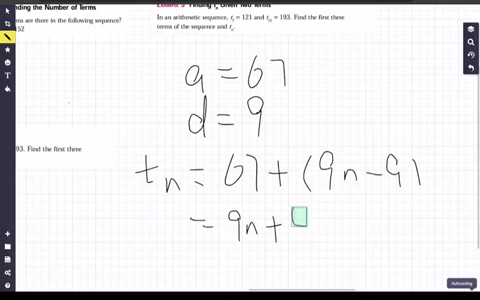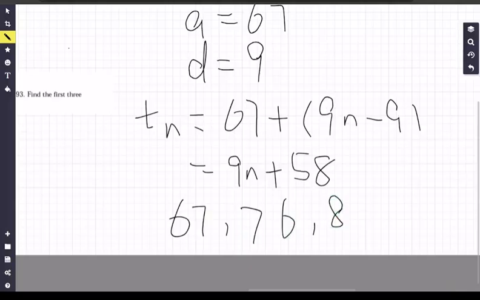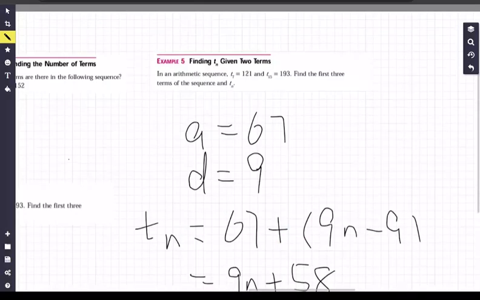And let's use that to find the first three terms. We already know the first term. It's got to be 67. That's a, right? And then we add 9 every time. So 67 plus 9 is going to give us 76. And then the next is 85. So we have found our general formula and the first three terms.